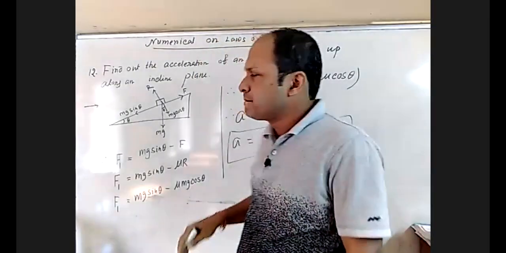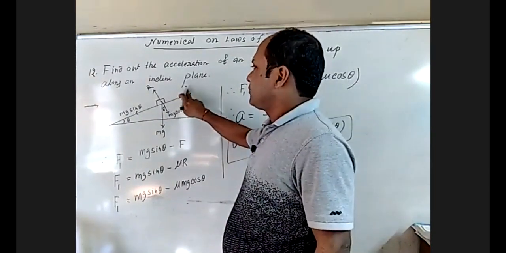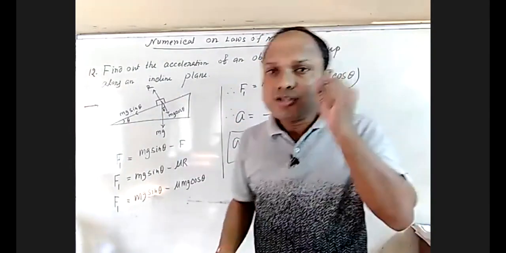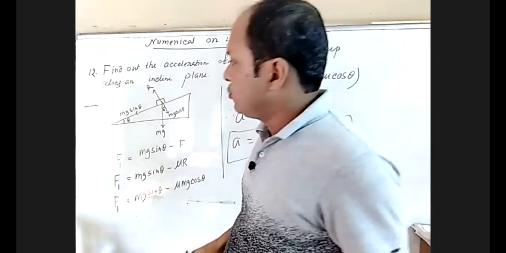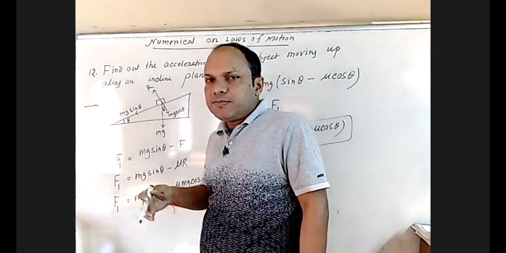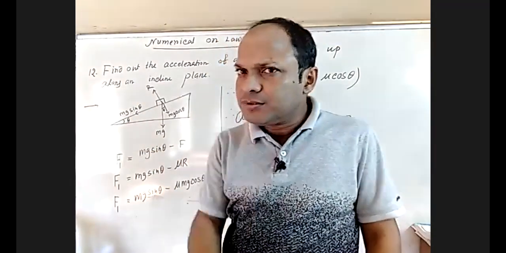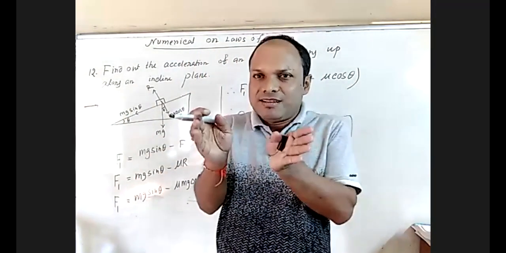Now think, whenever the object tries to move in the upward direction, what do I have to do? I should apply a particular amount of force at first to neutralize this one, and then I will be able to make it static.